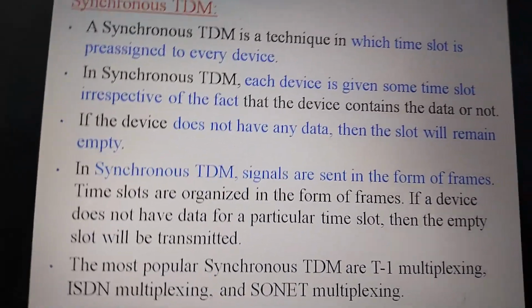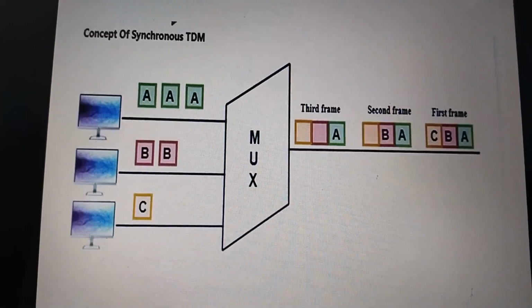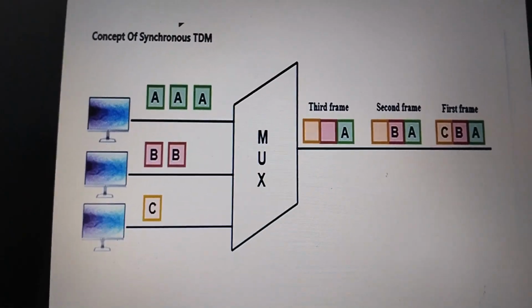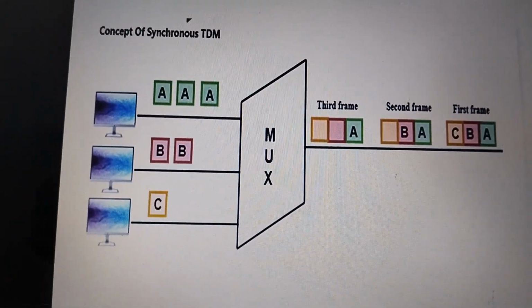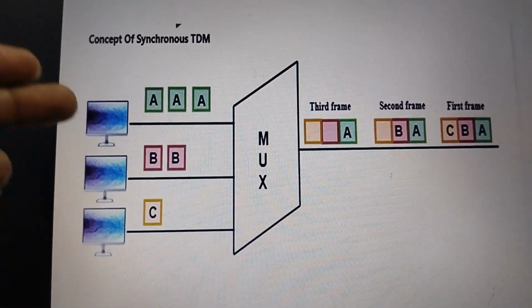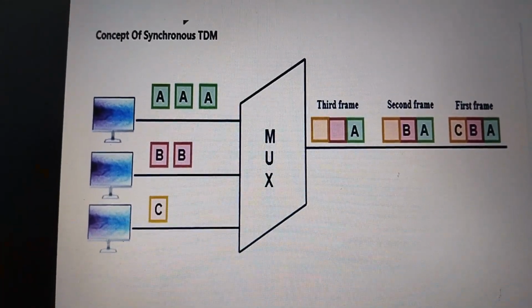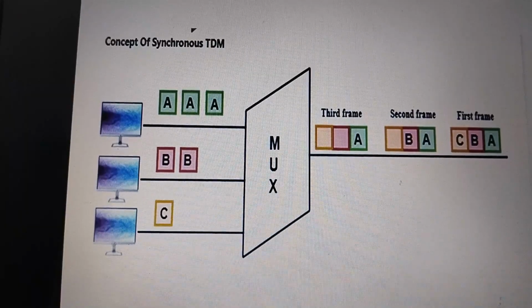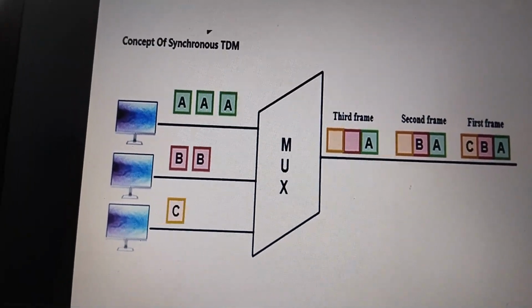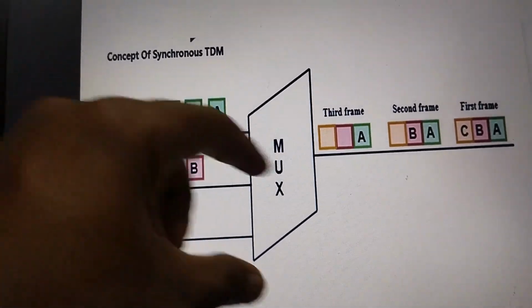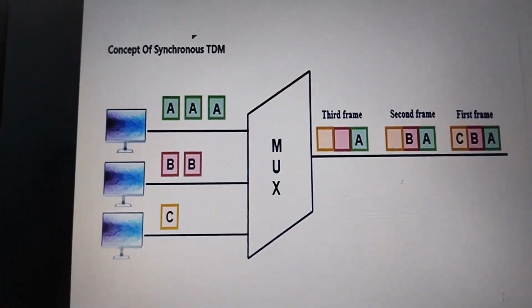Here we will see the diagram of synchronous time division multiplexing. How many devices do we have? We have three devices. The first device contains three data frames, the second device contains two, and the third device contains a single data frame. After multiplexing, what will happen?